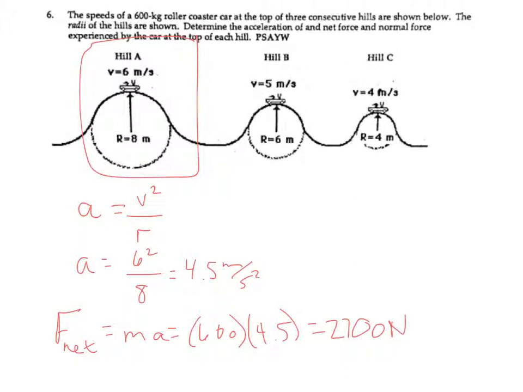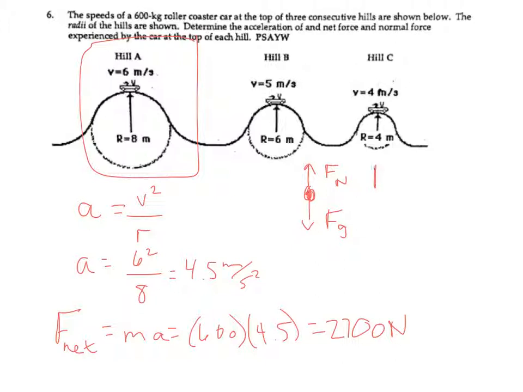Okay, and then for the coaster car, the forces that make up the net force are an upward normal force from the hill surface and a downward gravitational force. And we need to know the value of the normal force.